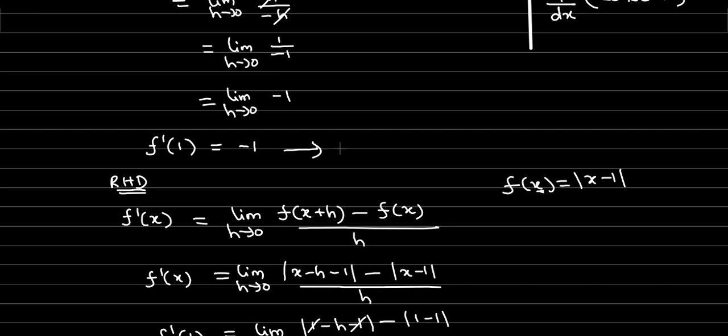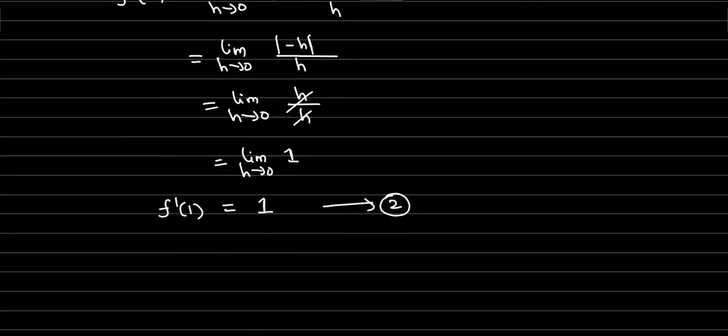Now if you notice, in the left hand derivative result f dash of 1 says minus 1. Here f dash of 1 says positive 1. It's a mismatch, no? So from 1 and 2 we can say minus 1 is not equal to positive 1. That is, left hand derivative is not equal to right hand derivative.